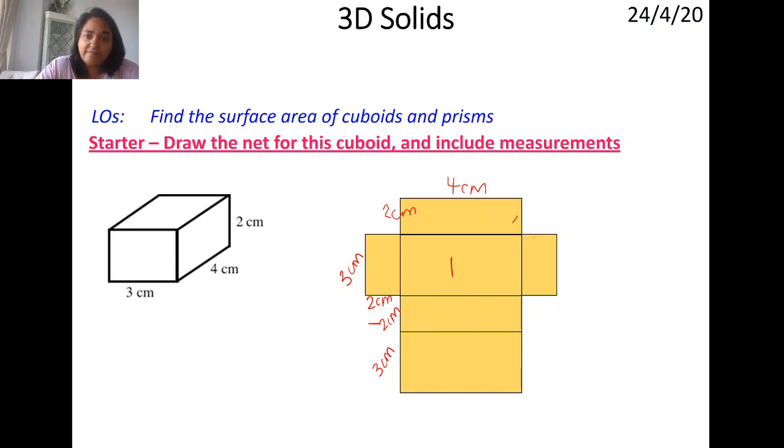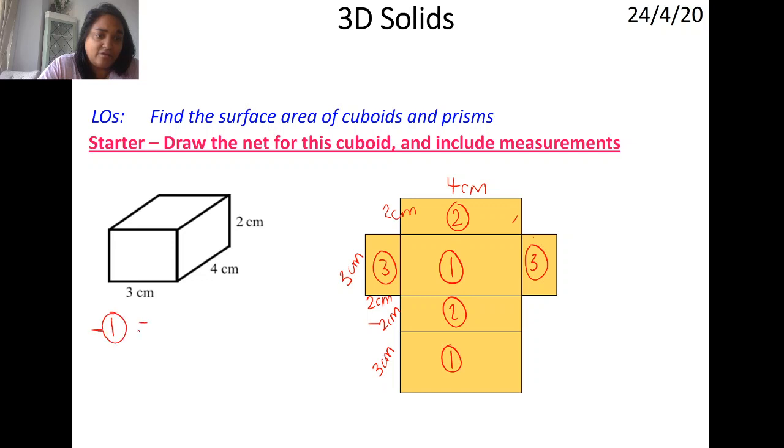What I'm going to have is this panel 1 is the same area as this panel. These side panels are repeated, and so are these. So actually when I'm doing it, I really just need to work out the area of 1, the area of 2, the area of 3, and then double it.